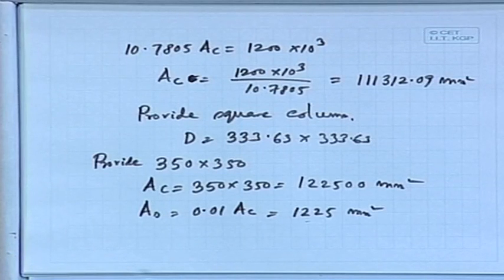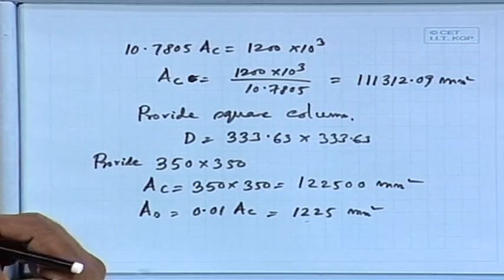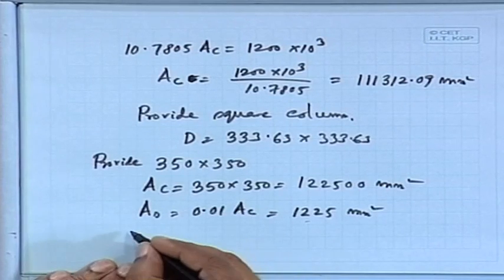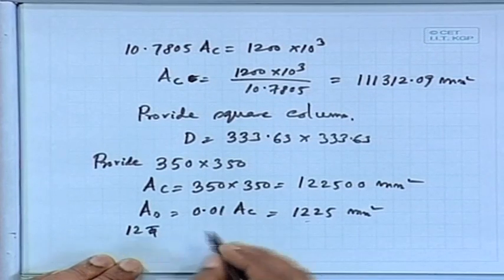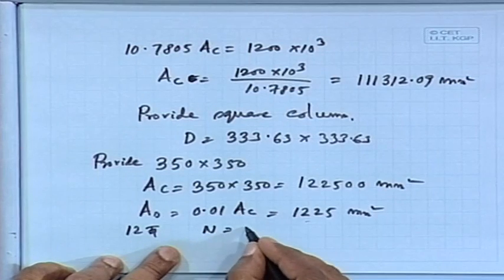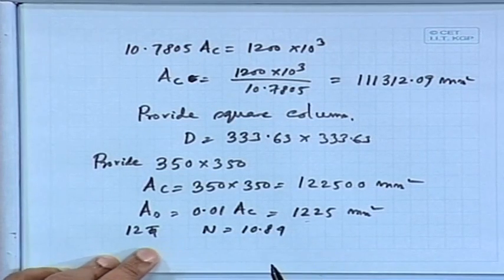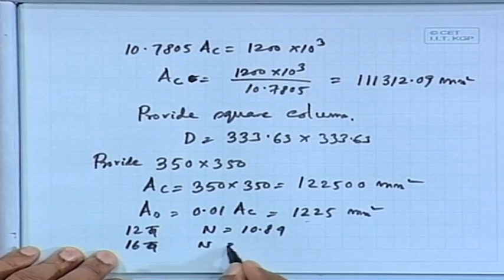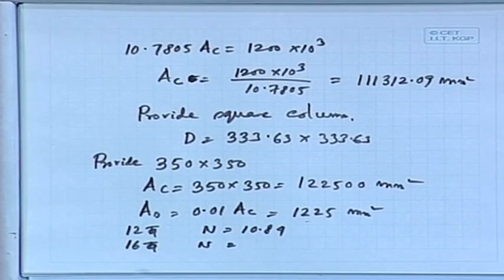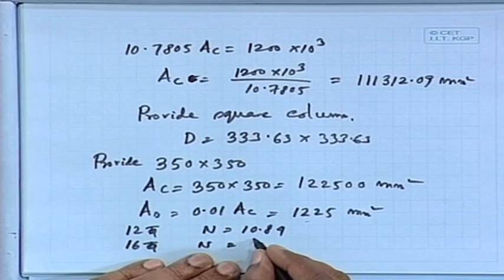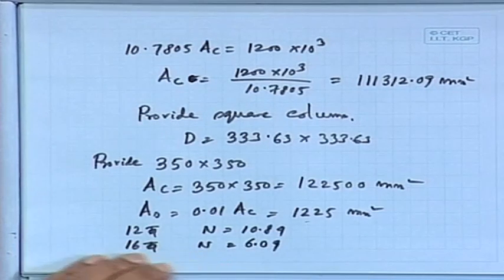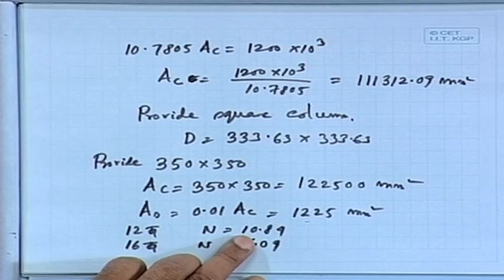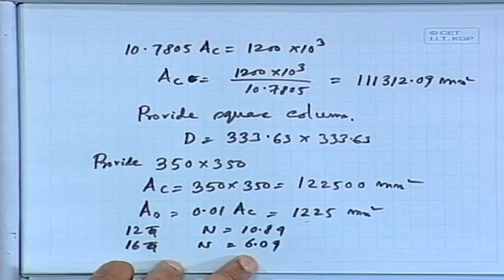If we take, which is coming as, if we use say 12 torr, number 10.84. If you use 16 torr, number 6.09. 12 torr 10.84, 16 torr 6.09.